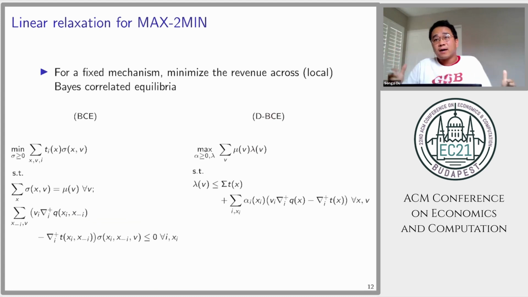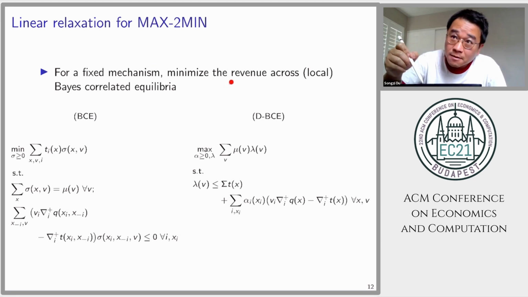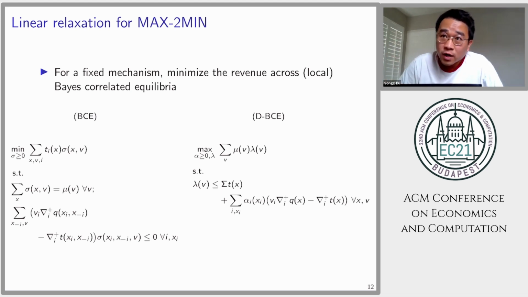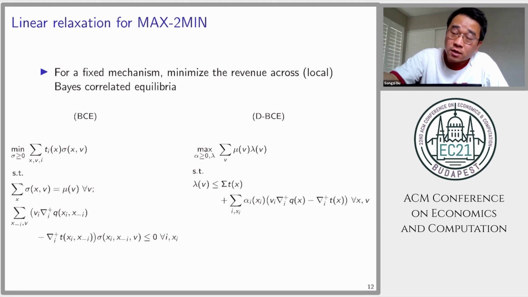First, let us fix one mechanism, so fix Q and T. Remember, Ben talked about Bayes correlated equilibrium, which is just a combination of information as well as equilibrium.